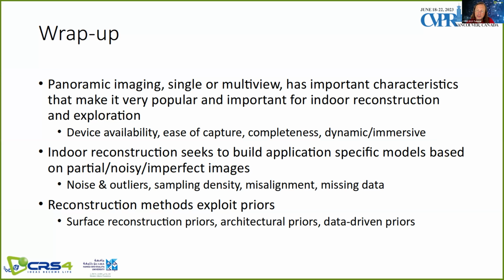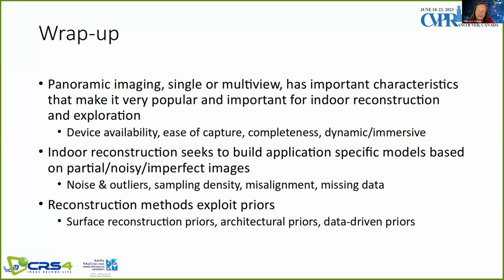What is important is that we have to cope with noise, uneven sampling, misalignment, missing data, and so on, in order to build some structured model of the scene. This is possible only, as we will see, by exploiting priors, which include generic surface reconstruction priors, such as surface smoothness, but most importantly, also specific architectural priors and the emerging data-driven priors derived from large data collection.